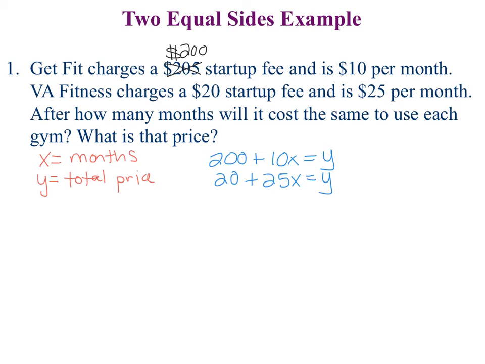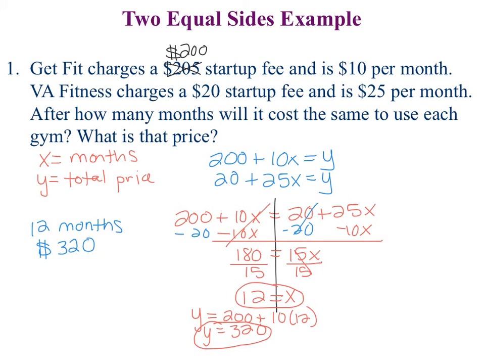If you really look at this, this is technically substitution because y equals both of these. y is 200 plus 10x and y is 20 plus 25x. So when we go to solve it, we're technically going to use substitution and replace y with what it equals, which is the two different parts of this equation. You can go ahead and stop and solve this and check and see what we get for x, and then we'll solve for y and finish answering.